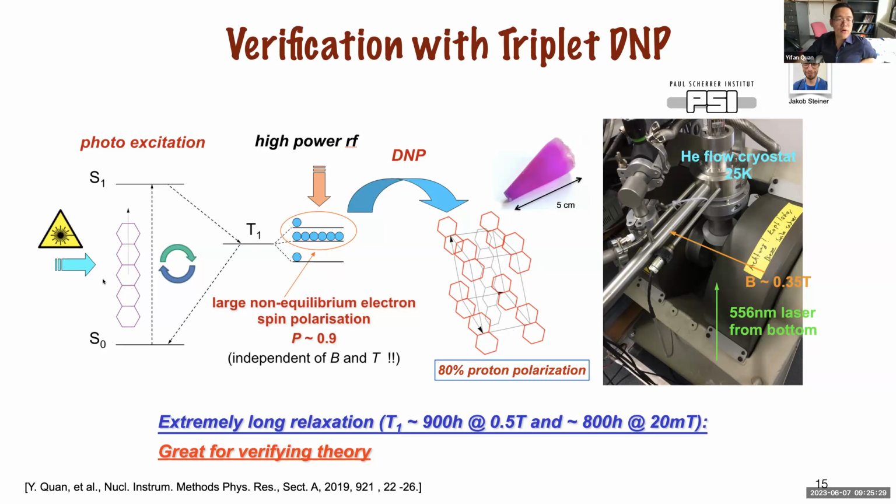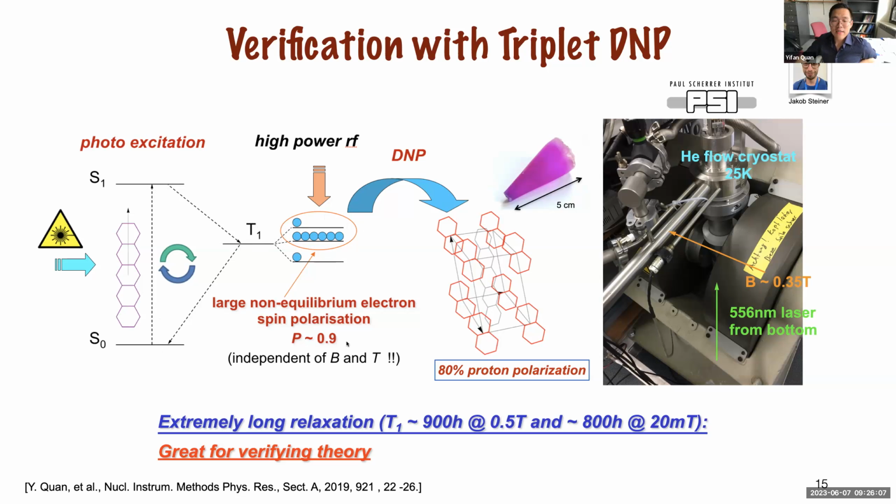The pentacene molecule, upon laser excitation, can be excited from a singlet state to another singlet state. Most of it directly decays back, but part of it can go via intersystem crossing to a transient triplet state. Short-lived, it will decay back, but in this triplet state you have a large non-thermal equilibrium electron polarization, and we can make use of this to transfer it to the nuclear spins via DNP.